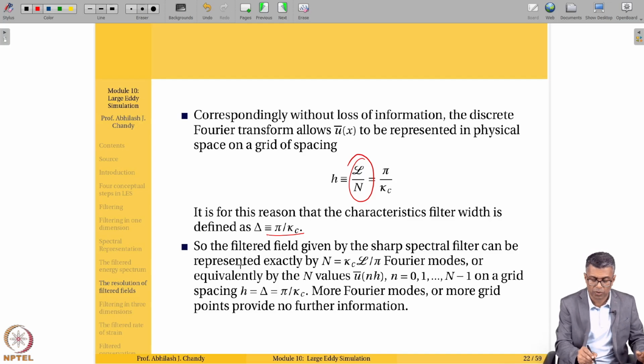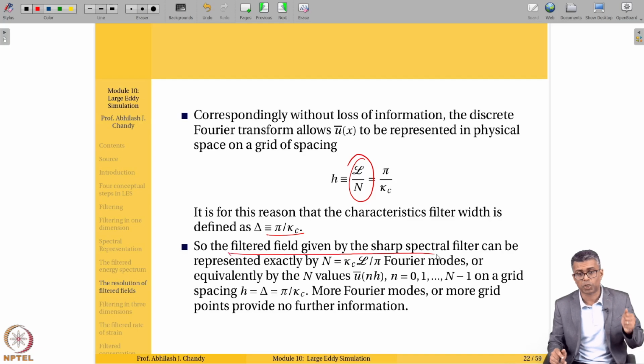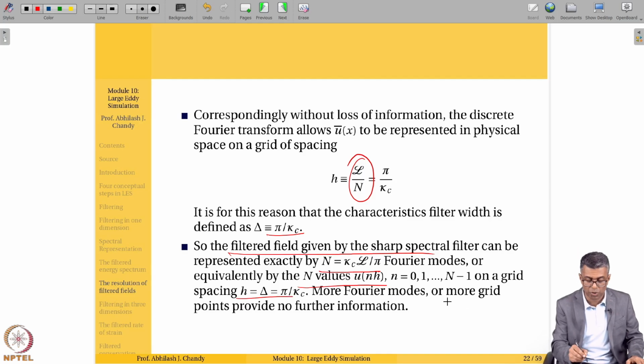So what have we learned? The filtered field given by the sharp spectral filter is represented by n equals kappa c L over pi Fourier modes, or equivalently by n values on a grid spacing h equal to delta, equal to pi over kappa c. More Fourier modes or more grid points provide no further information. You have more grid points, it is not going to provide any other information because you are cutting it off at kappa c anyway.